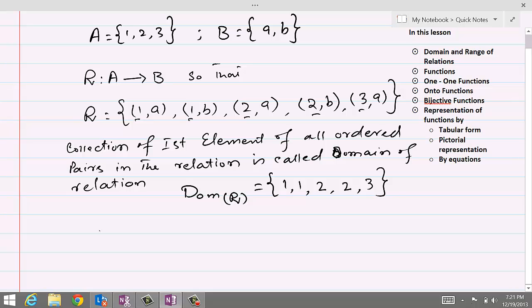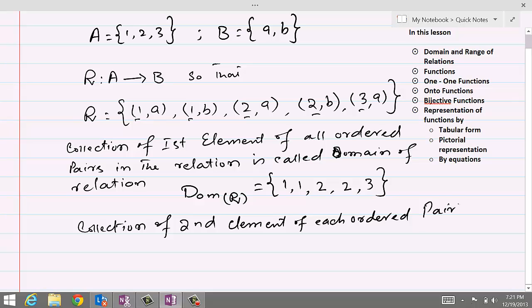And the collection of second elements of each ordered pair in the relation is called the range of the relation.